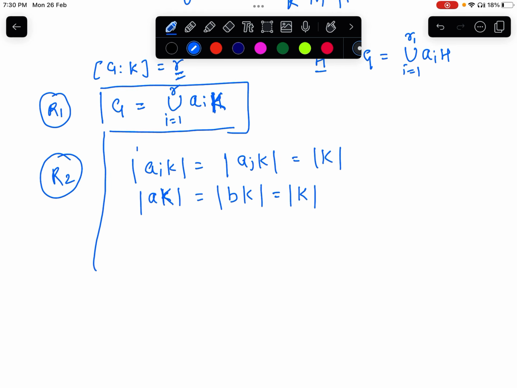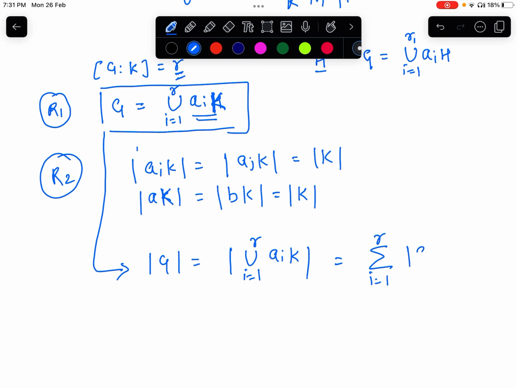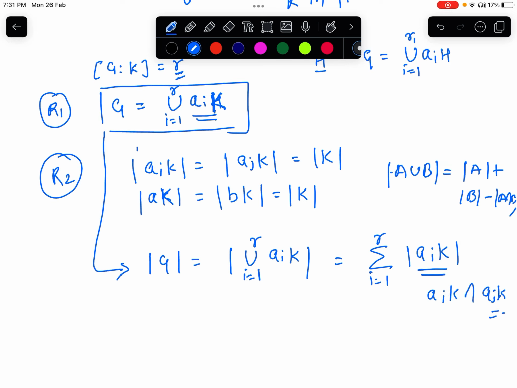And since we will use a result of set theory, since these are all distinct, the cardinality of G is equal to the cardinality of the union of A_i K, which is equal to the summation from i equal to 1 to R of the cardinality of A_i K. We can write it this way because, for example, the cardinality of A union B is equal to the cardinality of A plus the cardinality of B minus the cardinality of A intersection B. Since all these left cosets A_i K are distinct, A_i K intersection A_j K is equal to phi.